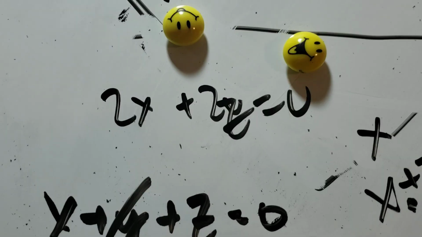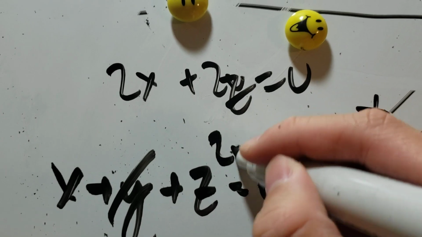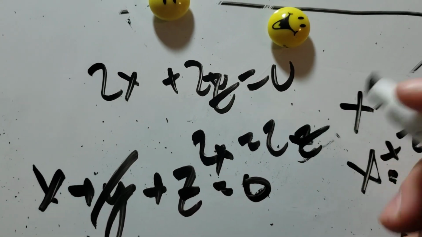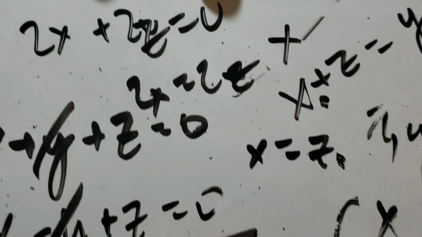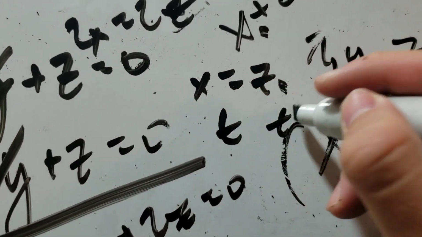You can see it's the same thing. That means basically x equals negative z, so t and negative t should work for that.